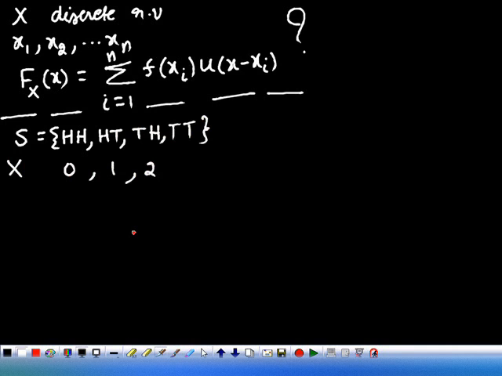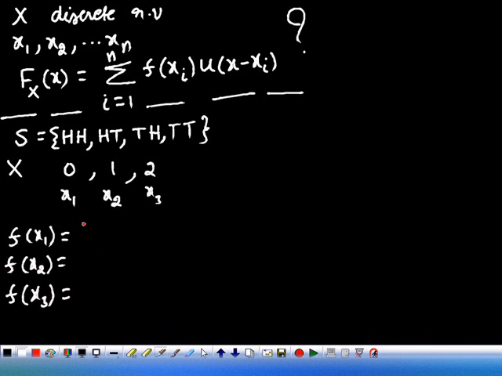So therefore, the values that are taken by the random variable are 0, 1, 2. So this can be x1, x2 and x3. It is a discrete random variable. What is f of x1, f of x2, f of x3 for this case? This is 1 by 4, 1 by 2, and this is 1 by 4.